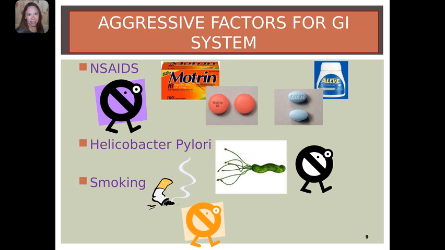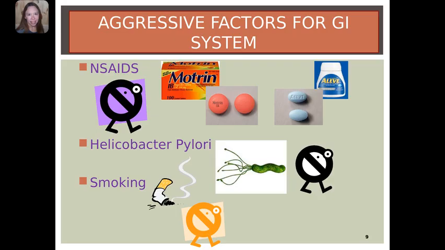What do they do? Well, they are prostaglandin inhibitors. Another common one, well, it can be a complication: a common bacteria found in 60 to 75% of the patients with peptic ulcer disease, they have the Helicobacter pylori within them.